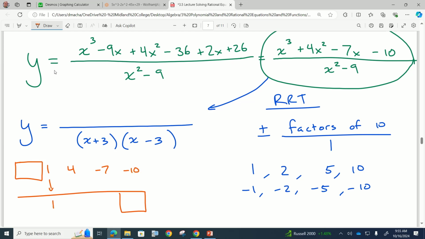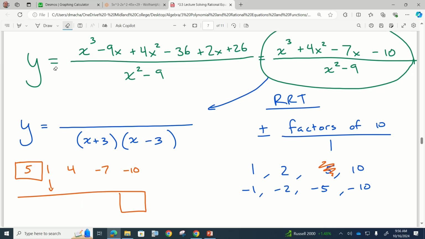And what's the first number we should try here? 5? Okay. Let's try out 5. 1 times 5 is 5. Plus 4 is 9. Times 5 is 45. Plus negative 7 is 38. 38 times 5 is a big number, and so this is not 0. Negative 2?